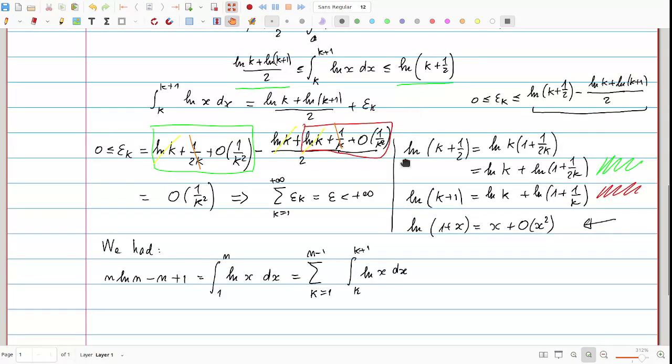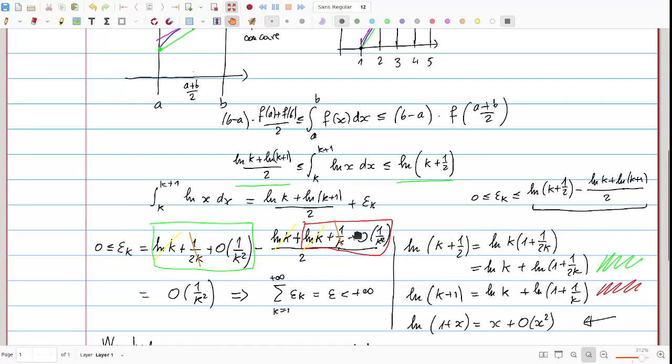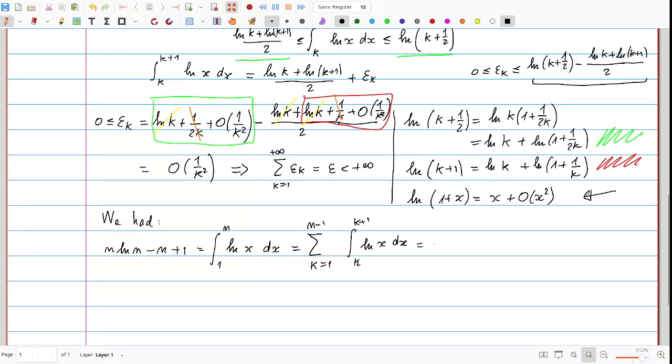So we have divided as in this picture, and then the picture here on the right, and for every integral we have made the approximation, and we have found that each one is equal to this formula here, which is the logarithm of k plus the logarithm of k plus 1, divided by 2, plus epsilon k.